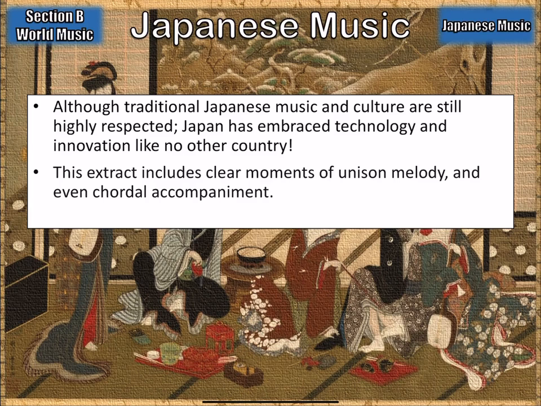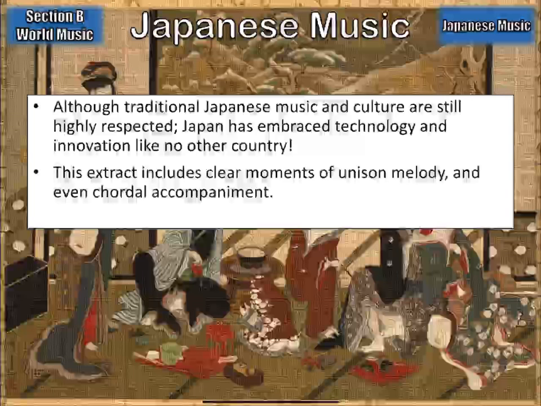The extract that we just listened to does have unison melodies, but also chordal accompaniments, and you could argue that there were influences from the West in terms of the accompaniment. There were some playing techniques such as the strumming and the fast strumming, which was tremolo-like, and this was probably heavily influenced again by Western music.